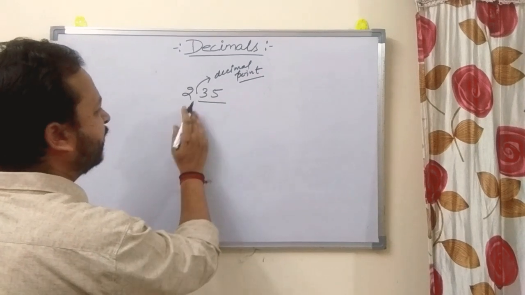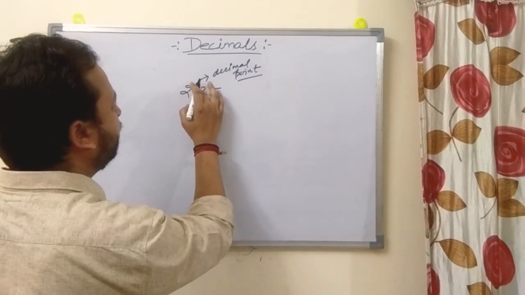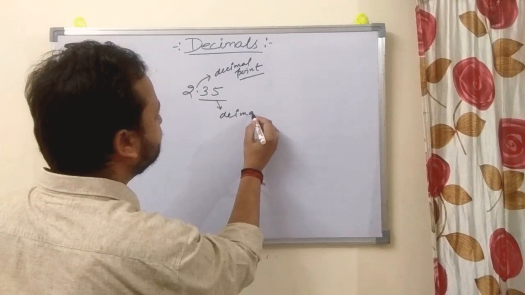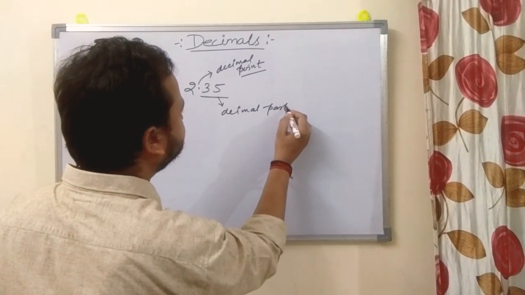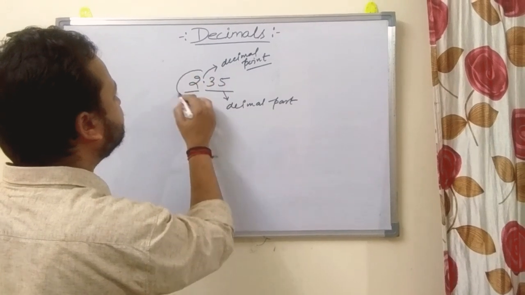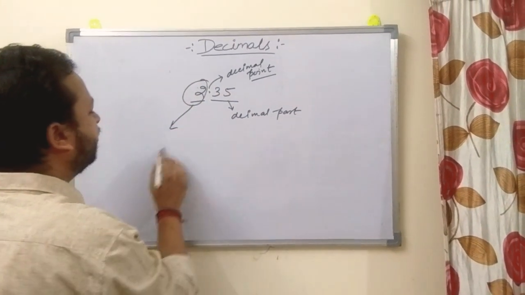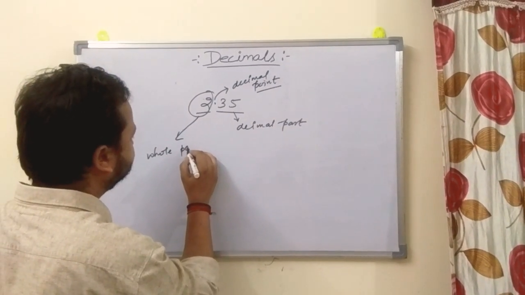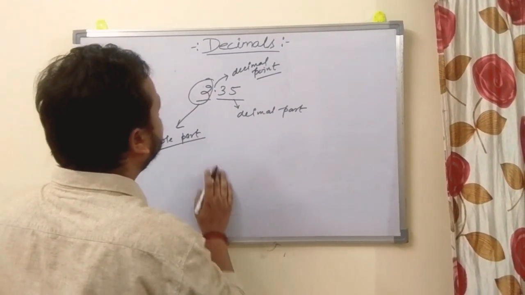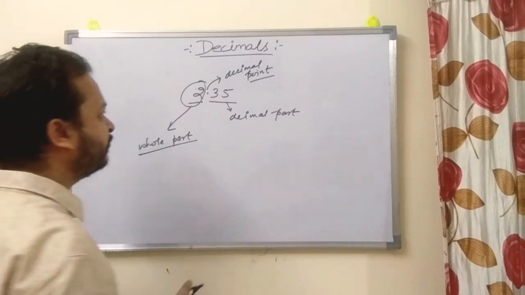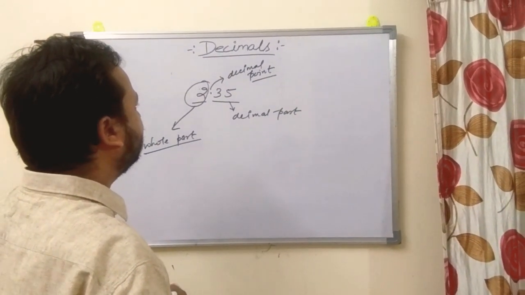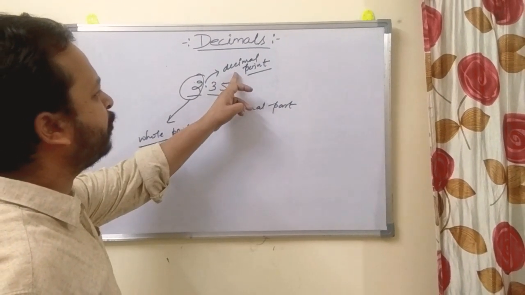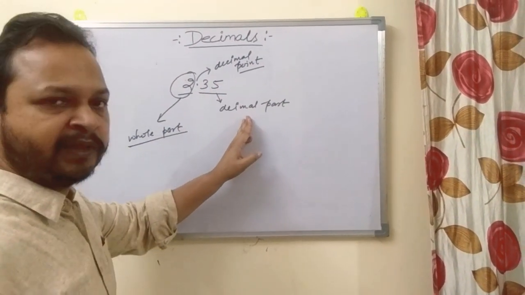The right hand side of the decimal point is known as the decimal part, and the left hand side is known as the whole part. So any decimal consists of whole part plus decimal point plus decimal part.